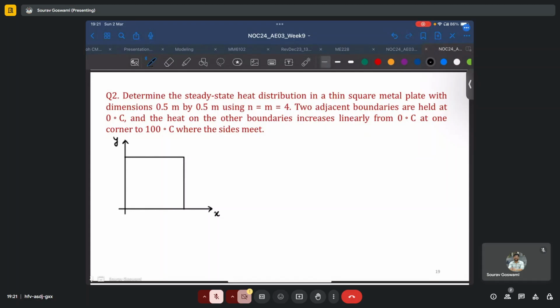Now we have to divide it, and we are told that along the x direction, we have to divide it into four sections, and similarly along the y into four. Each of these sides is 0.5 meters.